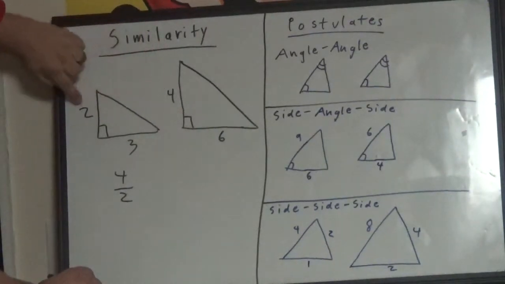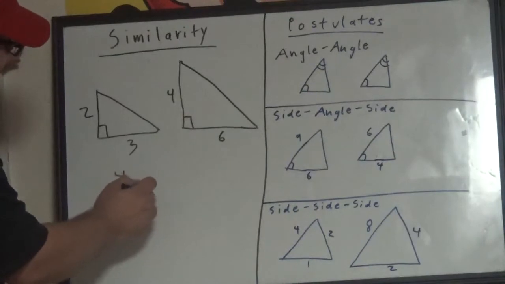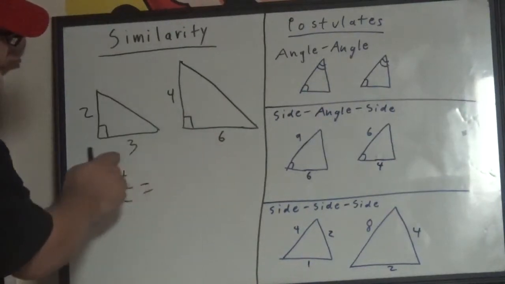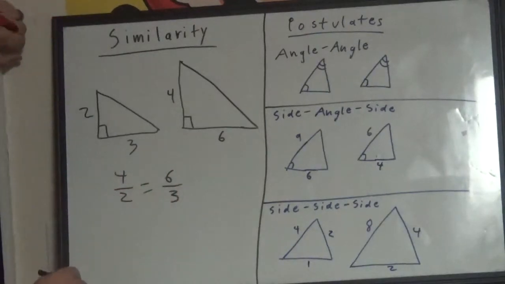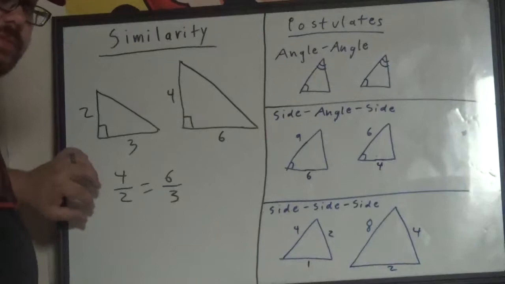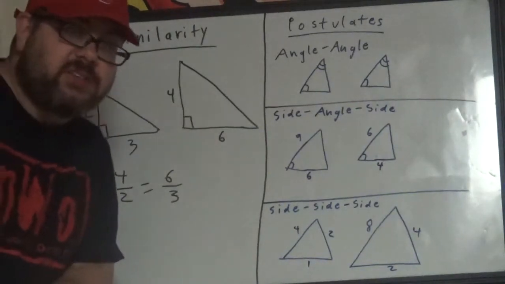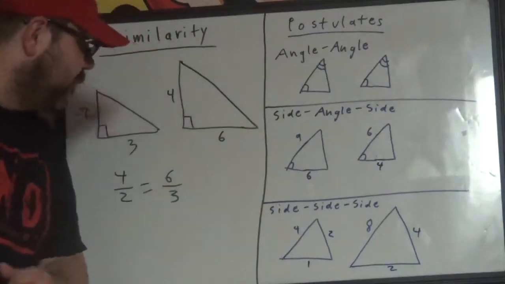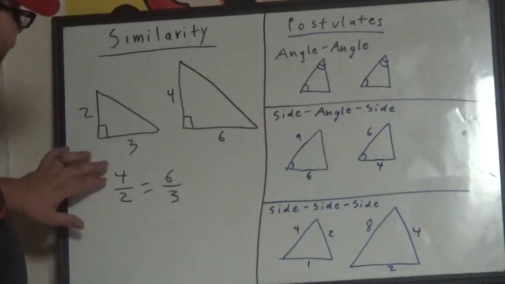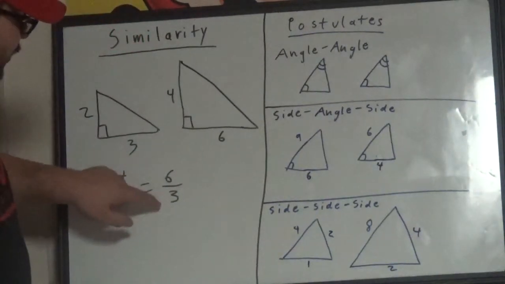So 4 over 2, we're going to see, does that equal 6 over 3? You can set this up, I believe, in 4 different ways. However, any of them will work as long as you set them up correctly. So the way I have it, again, 4 over 2 equals 6 over 3.